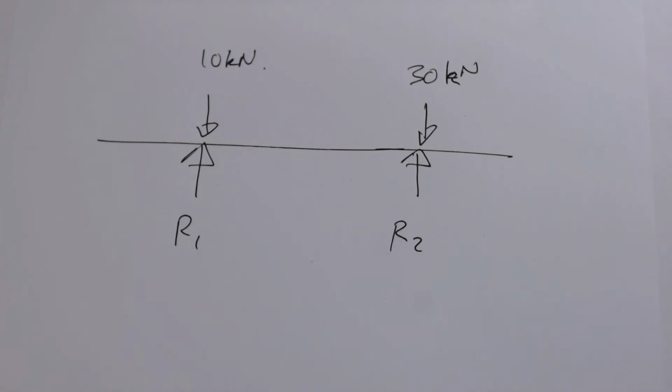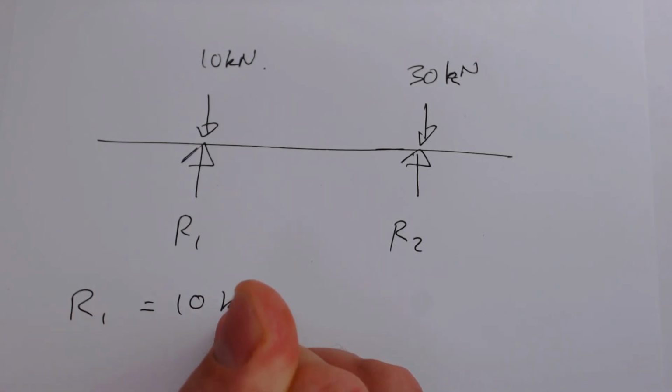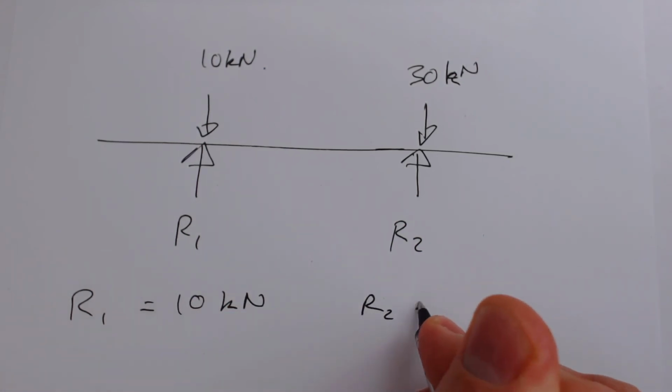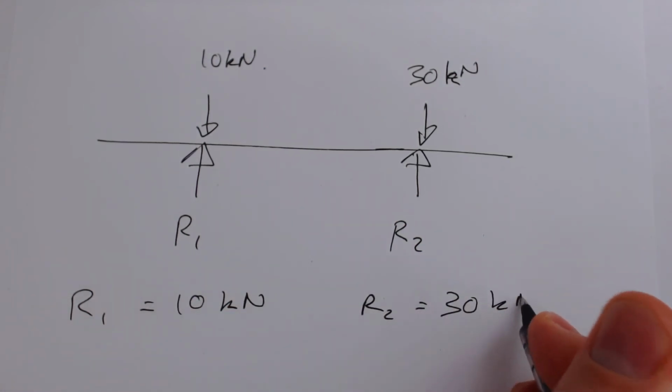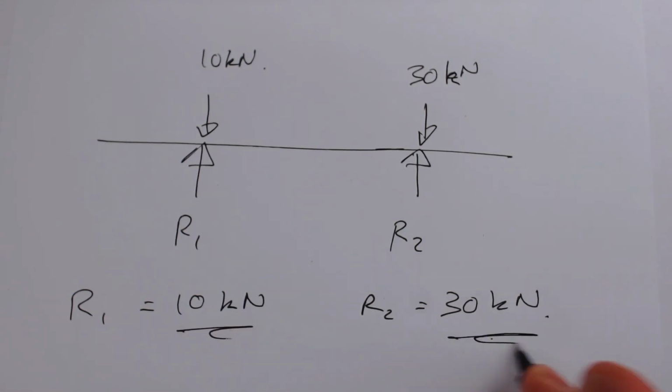Now you try putting some numbers in there and going through the process of taking moments and resolving forces, and surprise surprise, what do you think the result's going to be? The result is going to be that reaction 1 equals 10 kilonewtons, reaction 2 equals 30 kilonewtons, and it's almost as if the bar is not there at all.